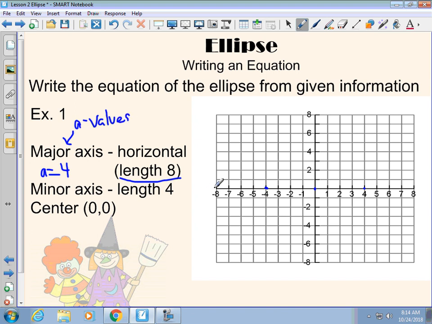We always take half of the full length, so 4 is half of the 8. The minor axis gives us our B values. It was a full length of 4, which means we've gone up 2 and down 2 in either direction. So our B value is 2.